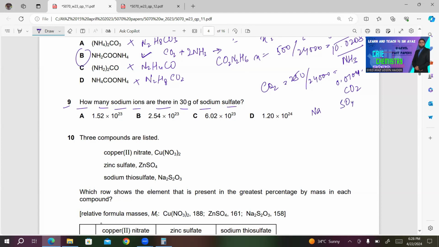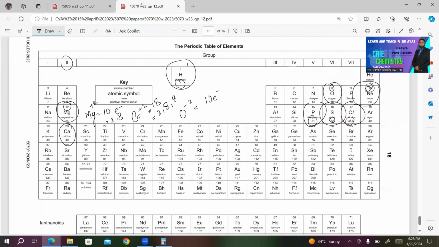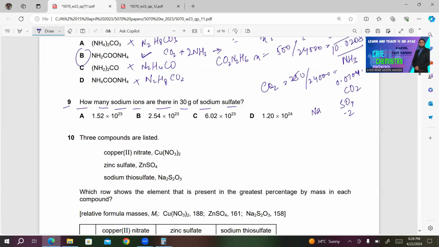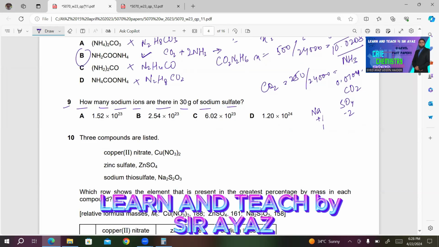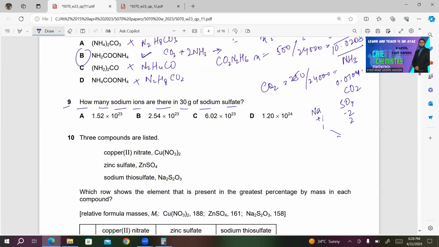SO4 carries a -2 charge. Sodium is in group 1, carrying a +1 charge. So, ignore their charges and exchange the subscripts. You will get Na2SO4.